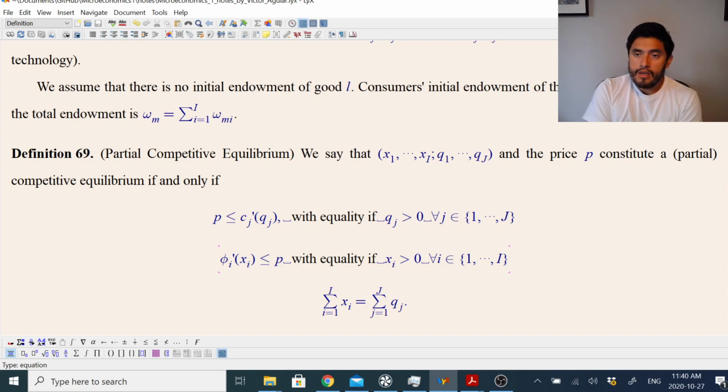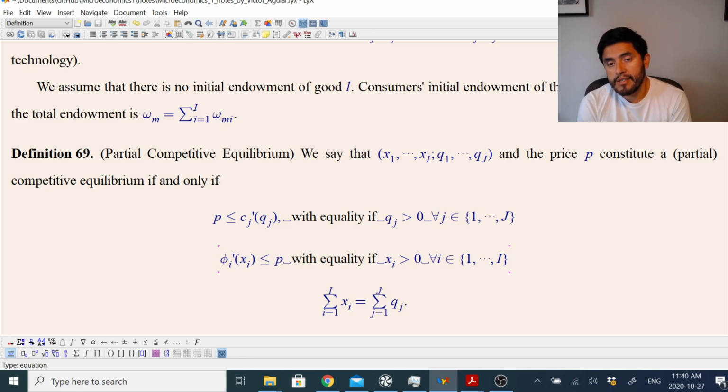Now this is very cool because every firm is maximizing profits or minimizing cost given the price P, and every consumer is utility maximizing given the price P. Notice something. In the original definition, I had a budget. Here, there is no budget anymore. What happened?